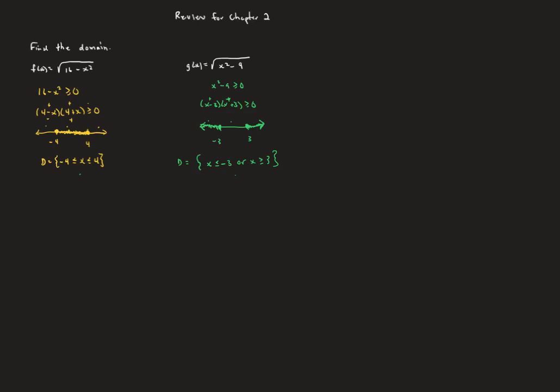Now, I'll briefly talk about range. When I ask you the range, I'll let you use your graphing calculator. When you graph f, even though you're using your graphing calculator, you're going to need to do a little interpreting.